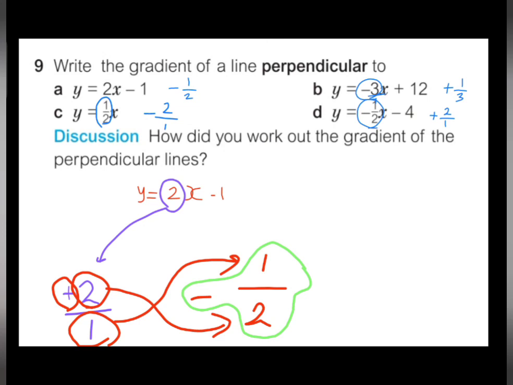That's it. And if it's a real number, it means it's a number over 1 all the time. So I make 1 on top and the number I'm using in the bottom. And this is how you find the gradient of a line which is perpendicular to the line in the question.